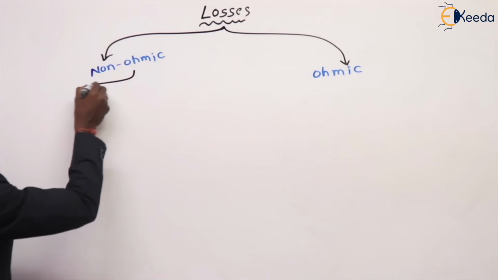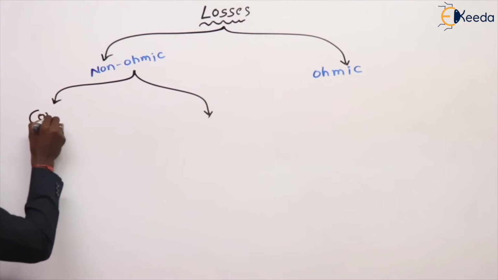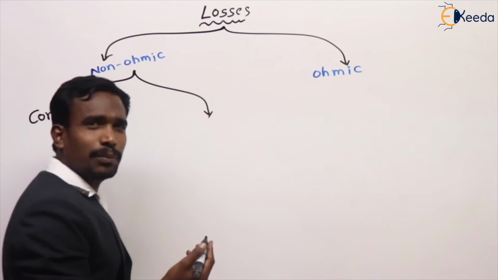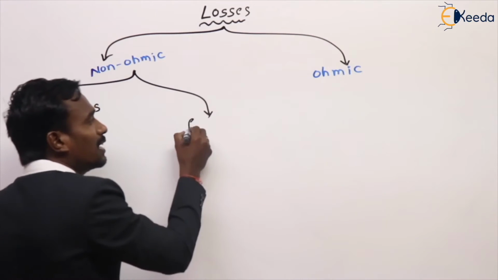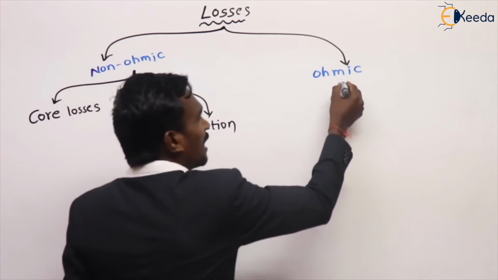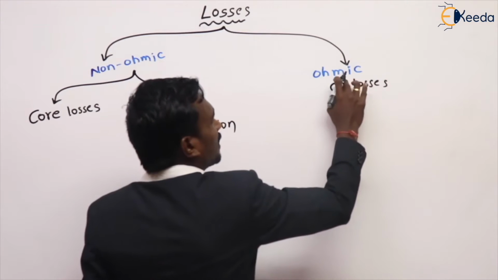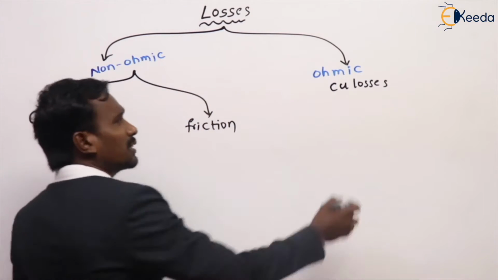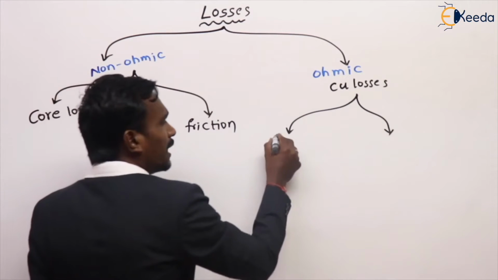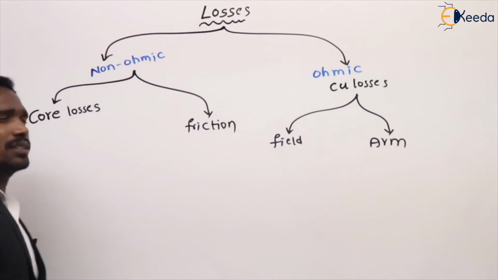The non-ohmic losses are again two types: one is the core losses, another is the friction losses. Ohmic losses are generally called copper losses. Copper losses are two types: field winding copper losses and armature winding copper losses.